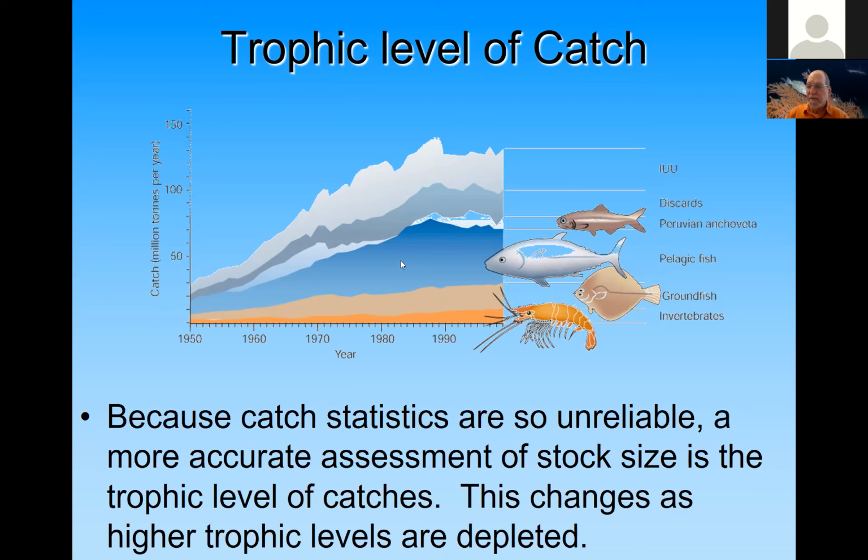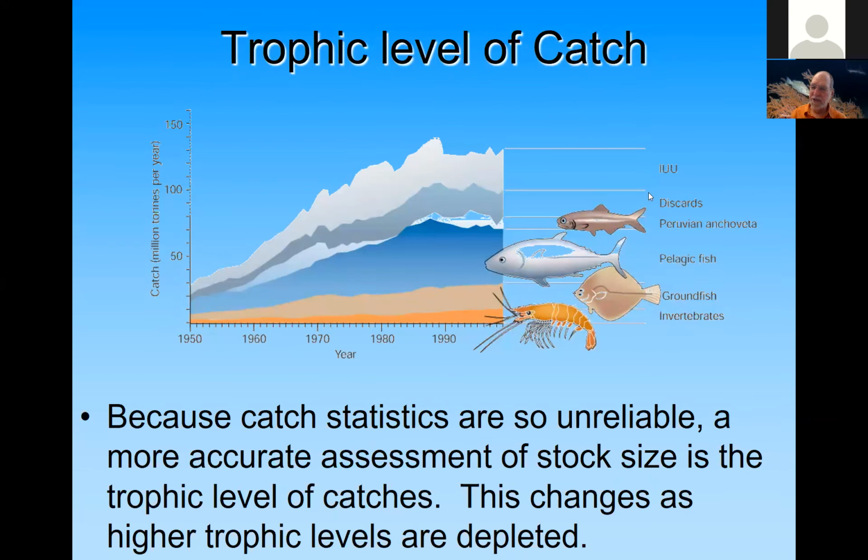And so if the fish catches are always being reported as greater, then how do you know what's really being caught? Pauly figured out that instead of looking at the actual numbers or the weight of the fish landings that were coming in, you could look instead at the actual species of fish, because that tended to be more accurate.